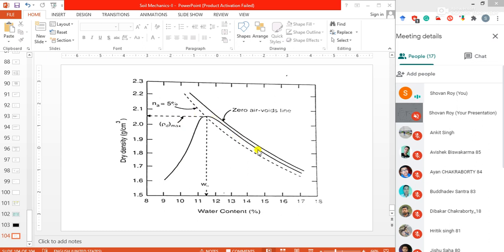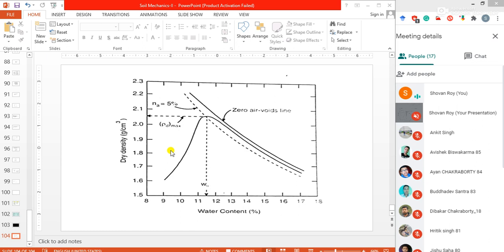But this is another test. When we are performing the compaction characteristics test, the first test under compaction characteristics is the standard Proctor test, the basic test, and it comes under the light compaction test. There are two tests normally: the light compaction test and the heavy compaction test.